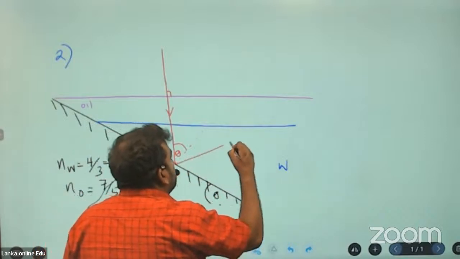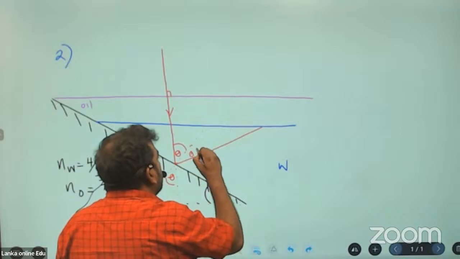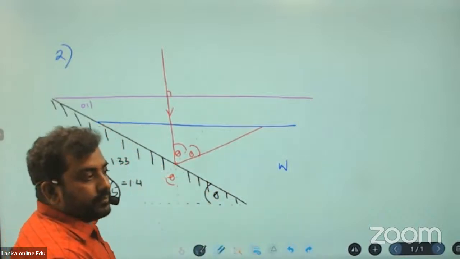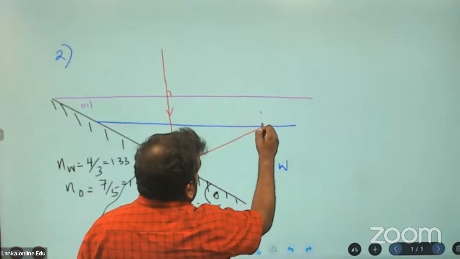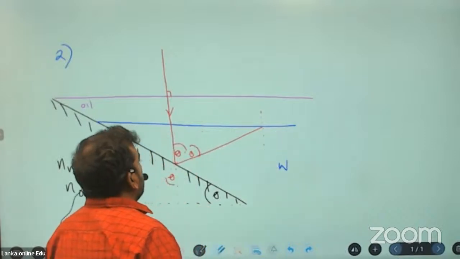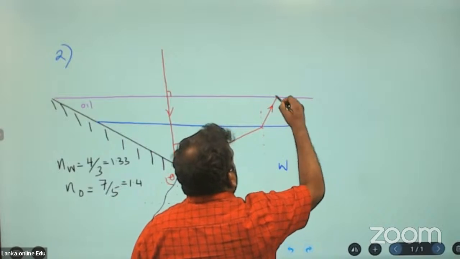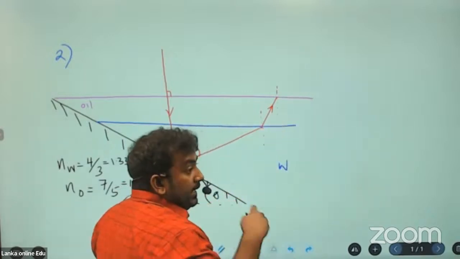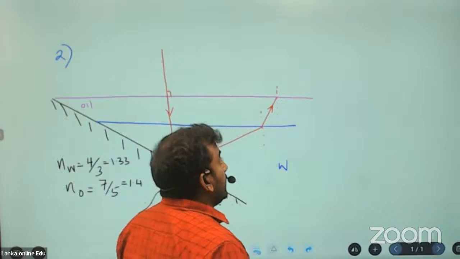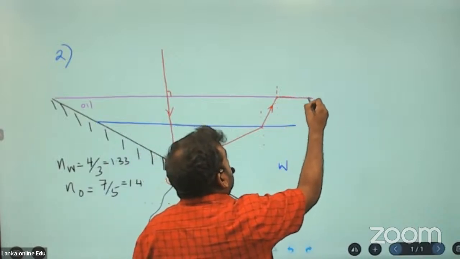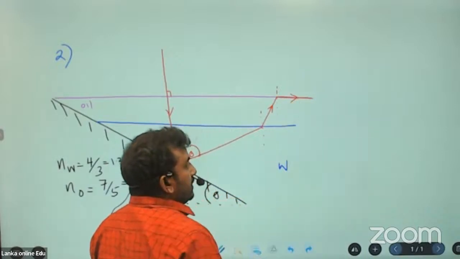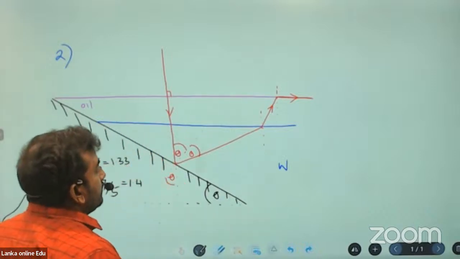So here also theta. Here you have the normal. Now, going from denser to rarer, it bends away from the normal. Emerges into air means it goes along the boundary. Problem solved.